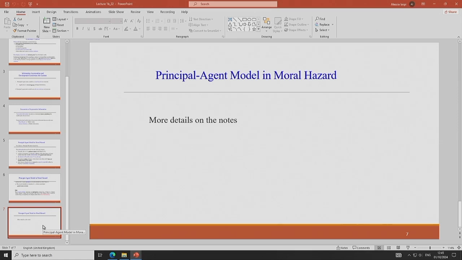Now, as you can see, in the principal-agent model, it is like having the utility of somebody which limits the utility of somebody else. So before, in the maximization of utility with the budget constraint, you were maximizing your preference given a certain amount of money. In this case, the utility of the agent is the constraint to the utility of the principal.